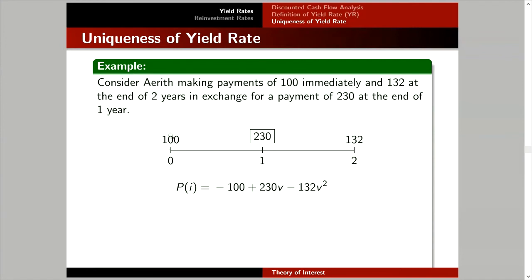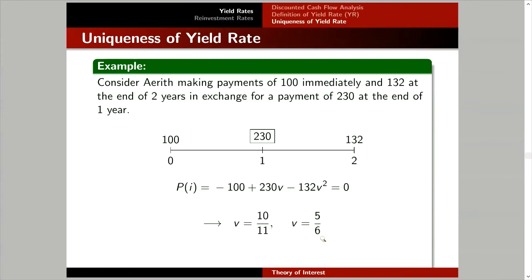Okay? Kasi you have to carry all the amounts to time 0. Okay? So to find the yield rate, we equate this to 0. Right? And using your vast knowledge in algebra, I think, di ba? Factoring. Okay? So you do it, you'll find the values of V. Okay? So V is equal to 10 over 11 or V is equal to 5 over 6.